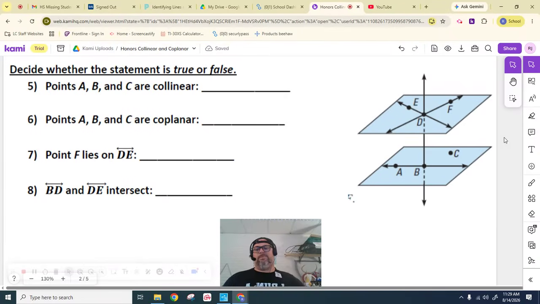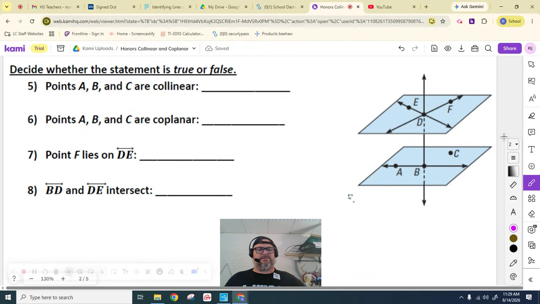All right. So true or false? A, B, and C are collinear. False. All right. Points A, B, and C are coplanar. True. All right.